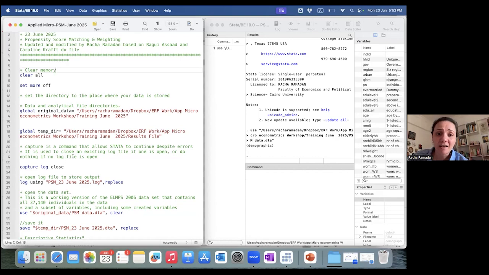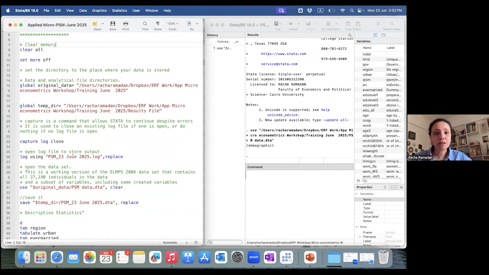The dataset I sent you that we'll be using in this example of PSM is a working version of the ELMPS 2006. As usual, I like to seize any opportunity to thank ERF for the fortune of datasets available on their website, the OAMD website.